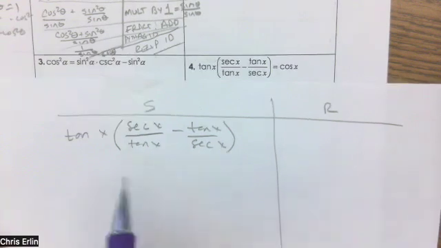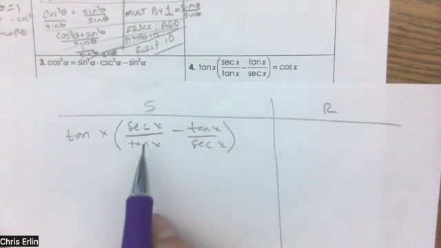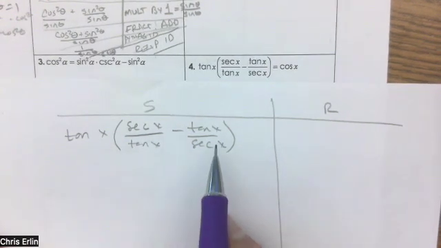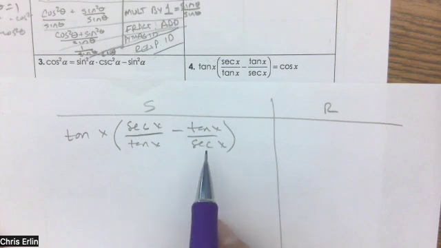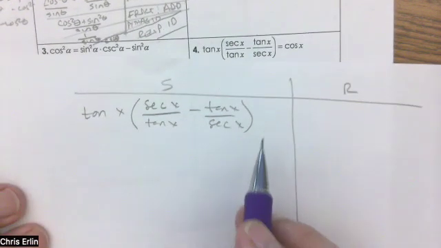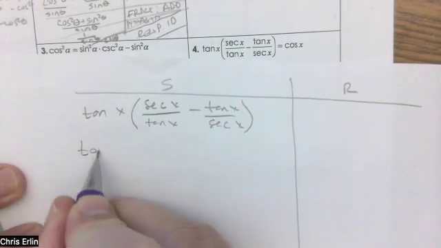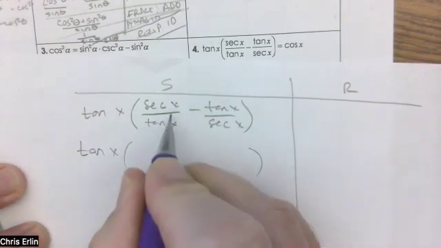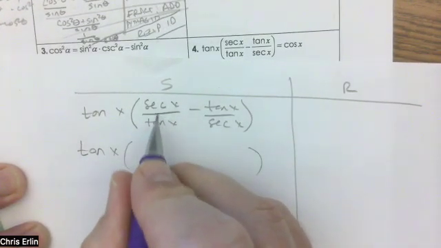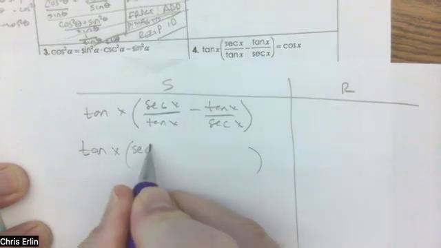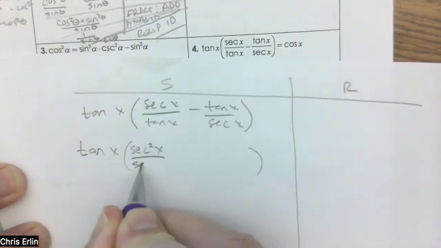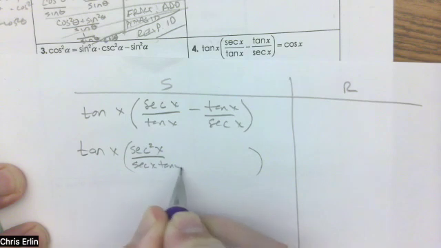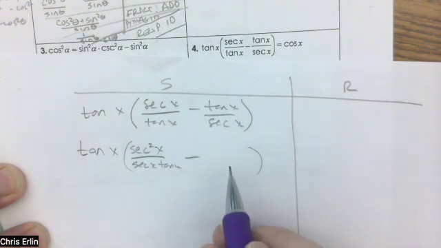Let's do the same thing. I need my denominator to have a tangent in it. I need my denominator to have a secant in it. So what I'm going to do is multiply this left one by secant over secant. That gives me secant squared over secant x tan x. And what do I multiply this right one by?